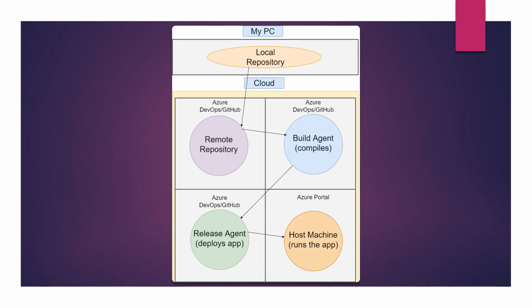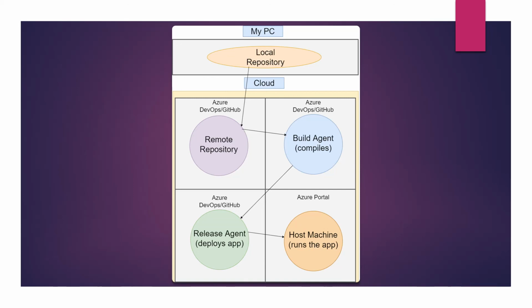This is continuous integration. The build agent builds the application, compiles the code, and drops the artifact, which is a sort of packed compiled code. When this package is dropped in a location that is specified, the release agent gets notified about this.